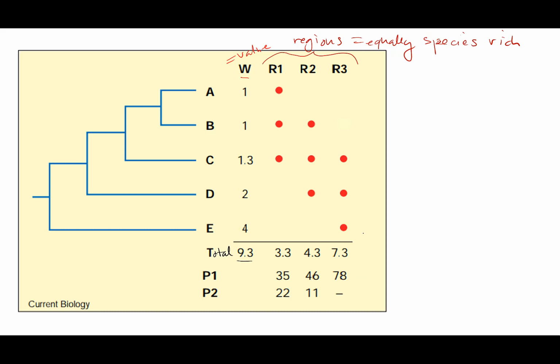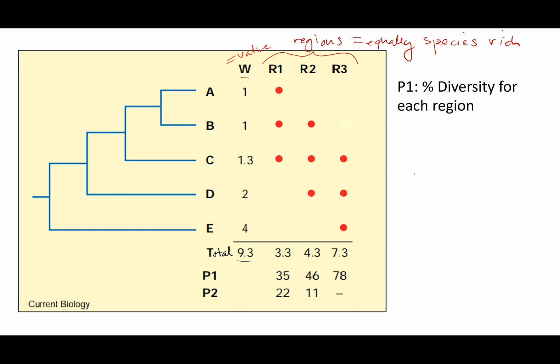The first thing that we're going to calculate is P1 and P2. So we've got our total weight scores, or our taxic diversity scores, but what we're now going to calculate is a value P1, which is called the percent diversity for each region, or the proportional diversity for each region.